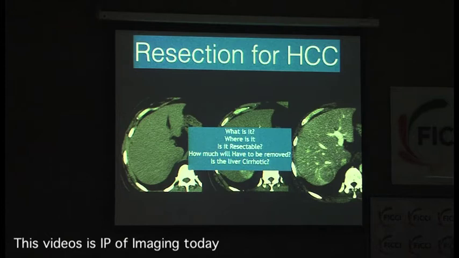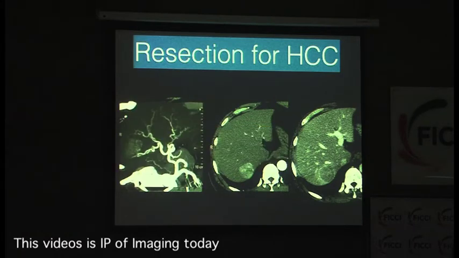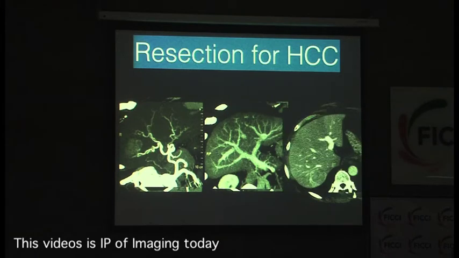The right posterior sector will have to be removed, right? And is the liver cirrhotic? And I will again tell you why they asked the question about the cirrhosis. So what you see is the arterial anatomy, a good separate artery for the right posterior sector, a good separate vein for the right posterior sector, and it is behind the RHV. So what is behind the RHV?